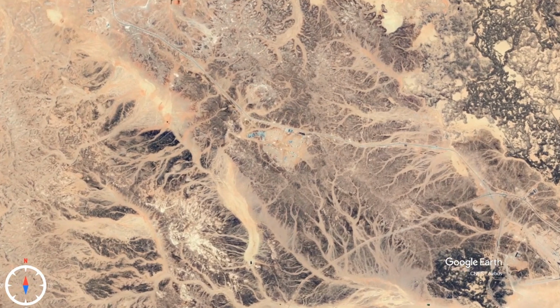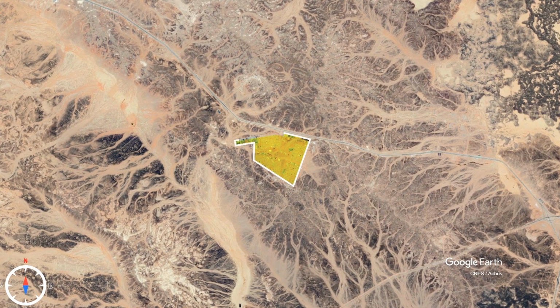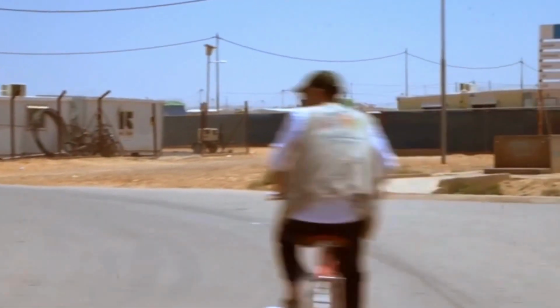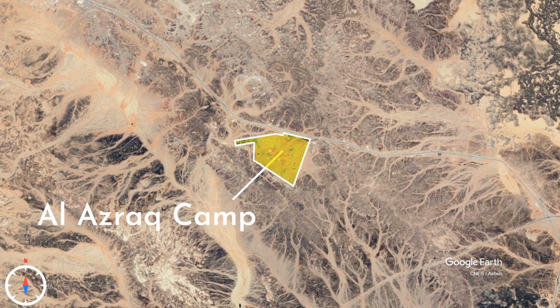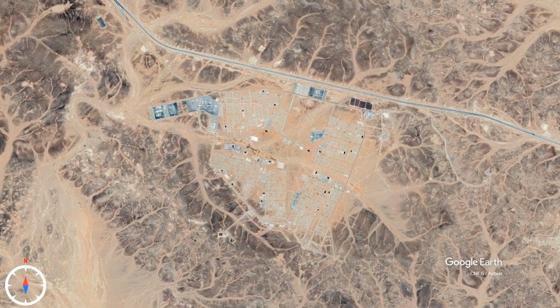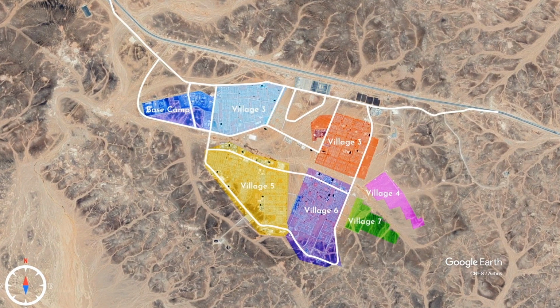It is 100 kilometers away from Amman, the capital of Jordan. The main entrance is from the north, and Al-Azraq camp has 7 villages. We will be focusing on village 3.